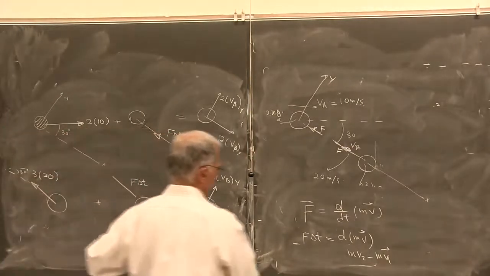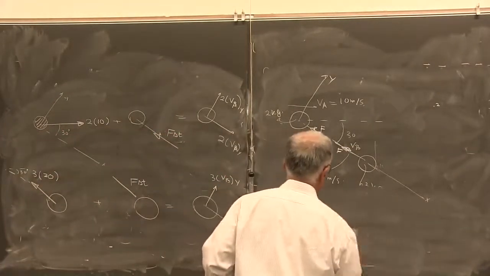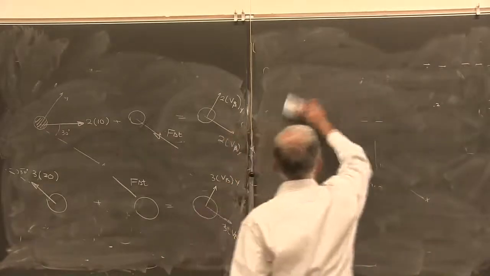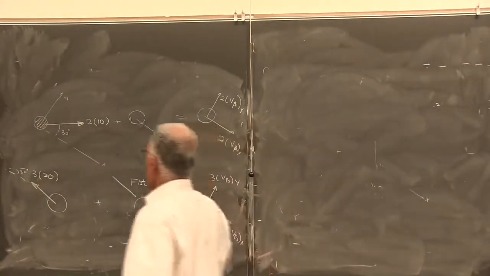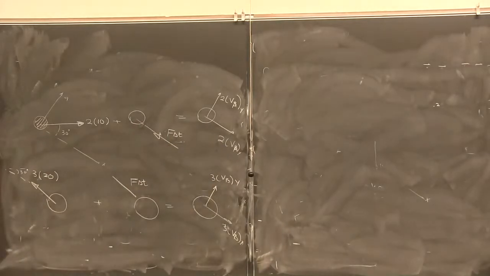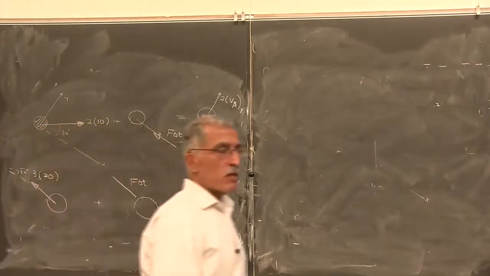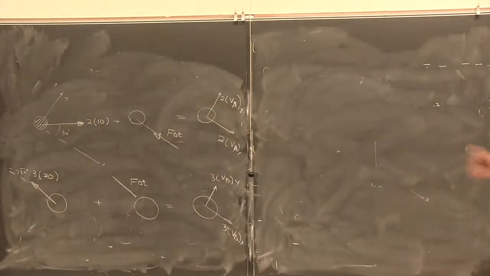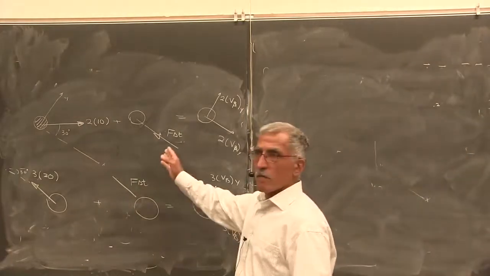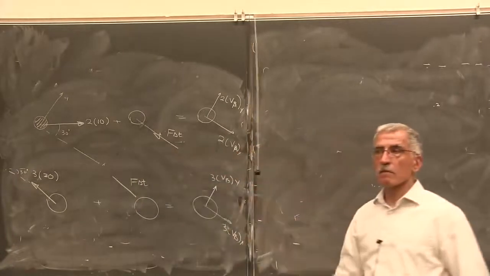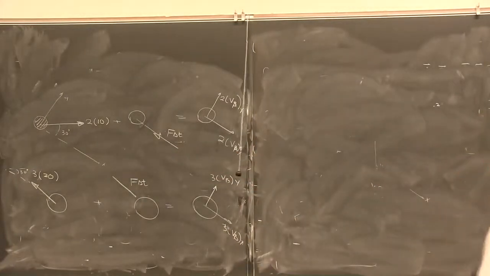Now we go ahead and ask what's going on. If you look at the first picture, what do you understand? You have a bunch of vectors.